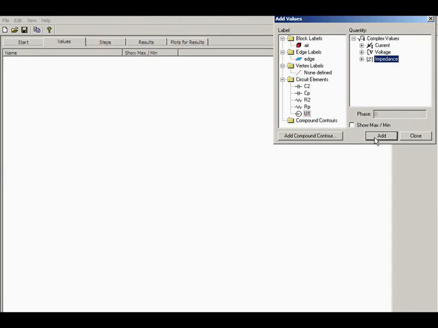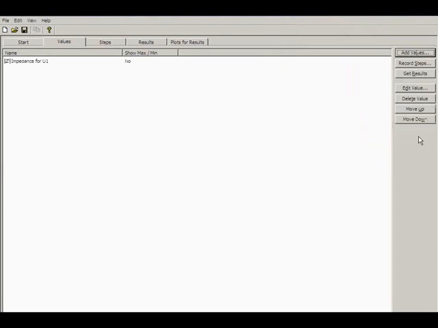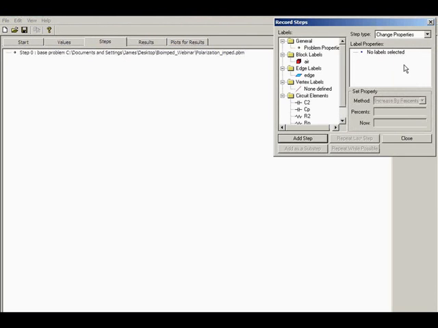Once again, I want to look at the impedance. We'll just look at the real part of the impedance, versus the frequency. We'll go up to 100K.